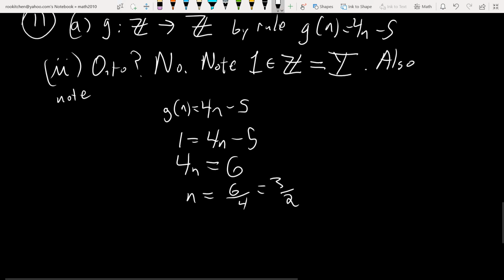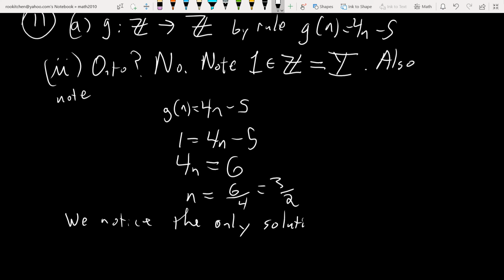Okay. So we notice the only solution here is not an integer. So this is a number in the codomain that's not going to have a corresponding number in the domain, right?